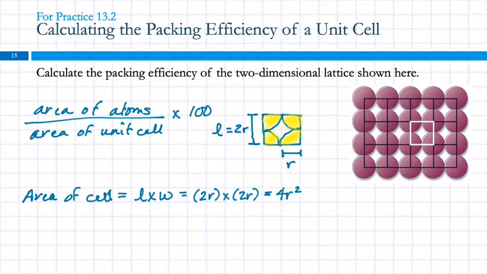It's just cut into pieces. What's the area of a circle? Pi r squared. So area of the atom is going to be pi r squared. That's just a geometry equation.